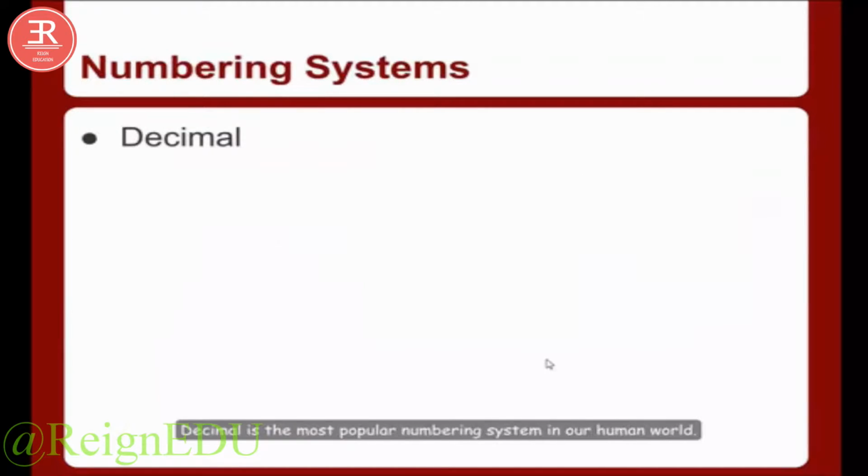So decimal is the most popular numbering system in our human world. It is very easy for humans to use. It has been invented from the start because decimal has 10 digits, which equals the number of fingers we have on our hands.